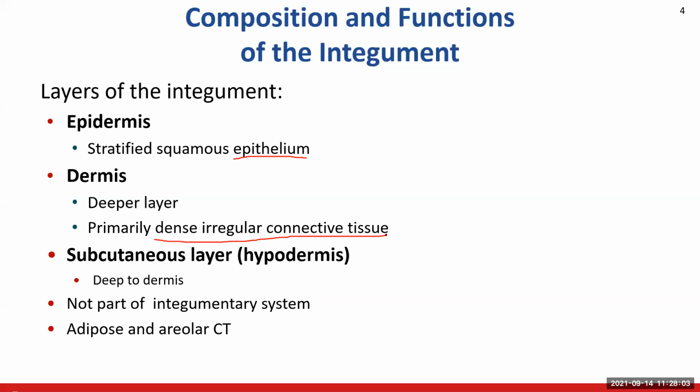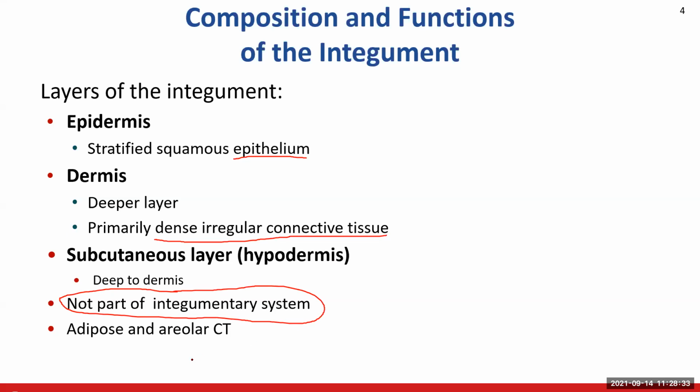Now, this third structure that is mentioned here, the subcutaneous layer or the hypodermis, sits beneath the dermal layer. But it is important that you know that the subcutaneous or hypodermis layer is not part of the integumentary system. That's a great true-false question for you. I'm giving you all these pearls of wisdom, folks, so don't miss out on it.